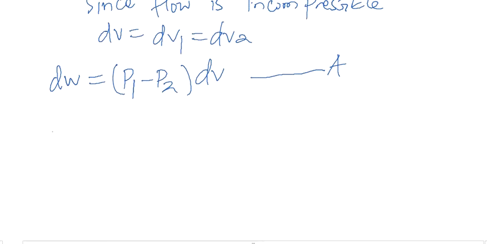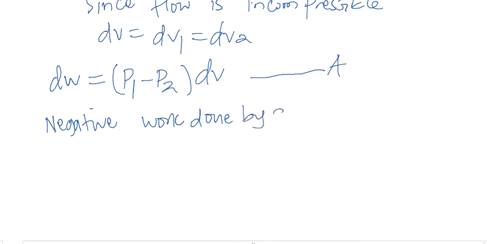Let us also talk about the negative work done by gravity, and it is dU.